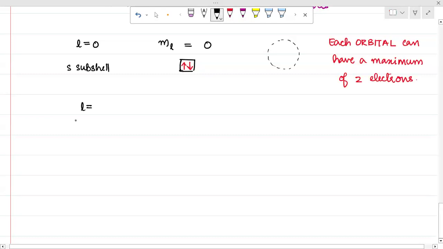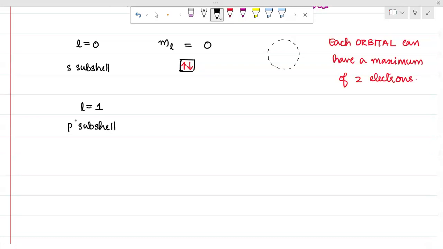Let's say your L is equal to 1. If your L is equal to 1, you know that it is P subshell. And if it is P subshell, its value can start from minus L to plus L. And what are the values? ML can be minus 1, 0, plus 1. So corresponding to the P subshell, you have got 3 orbitals.